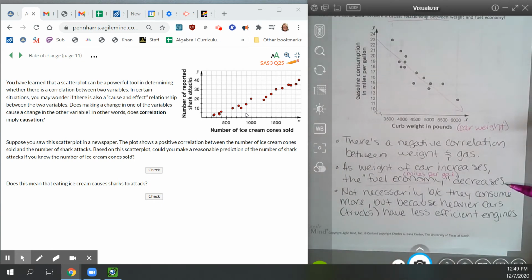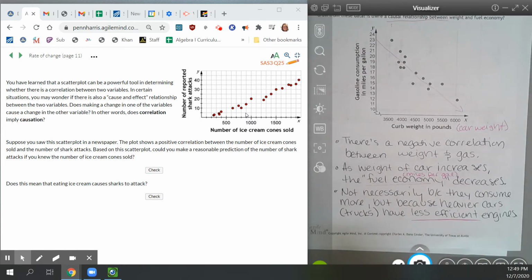Okay, well, the downside, guys, is that my engine weighs a lot more. Okay, which means that it's heavier. It has a less efficient engine, which means it's going to burn through more gas. Heavier vehicles have less efficient engines. Now, things have also changed, guys, where my husband's pickup truck gets better gas than my car.